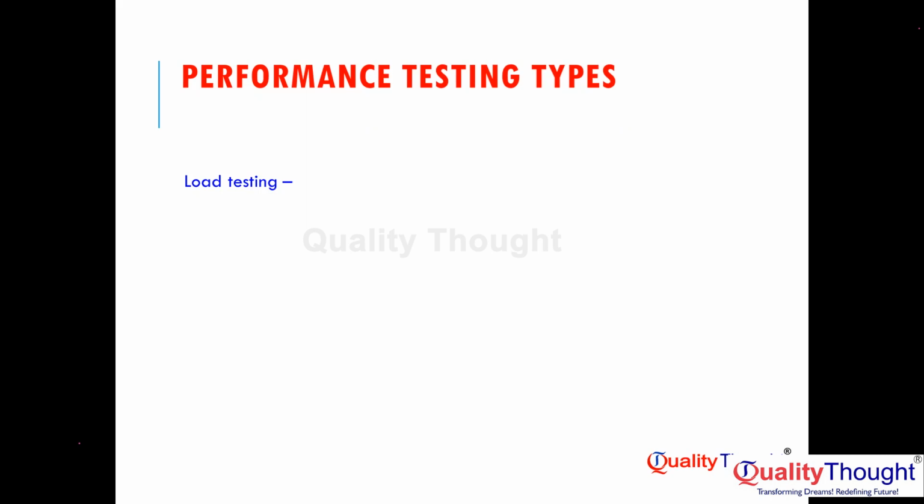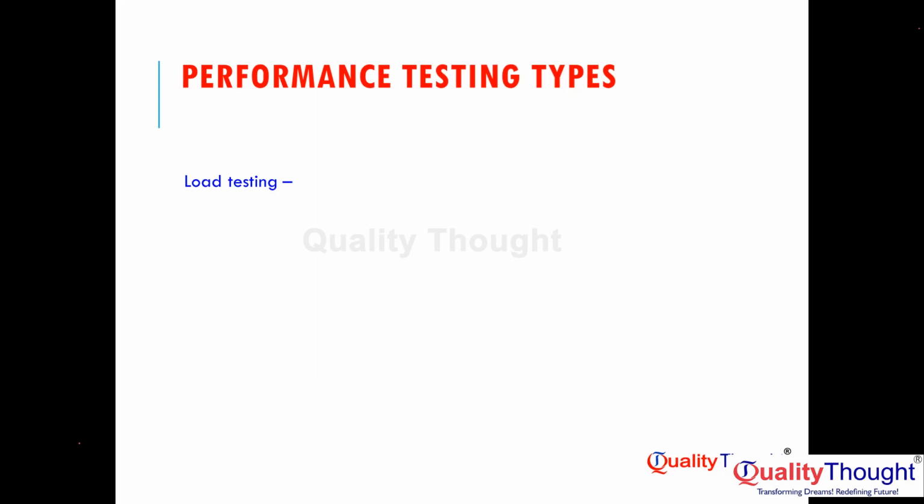Next chapter, what is performance testing? How quickly the application reacts to end user actions is performance testing. How do we measure it? By calculating throughput, RPS, concurrent users, error rate, response time. Right? So we know everything.